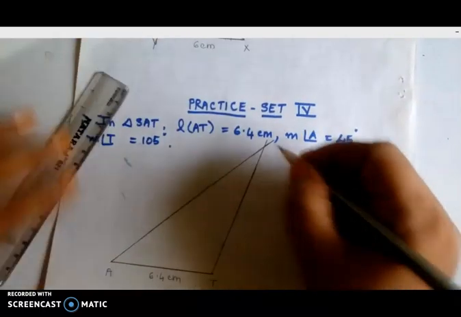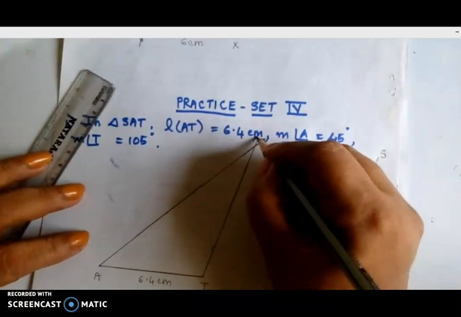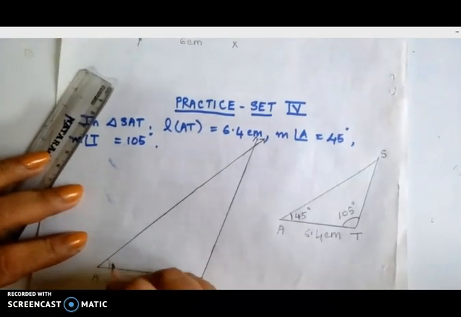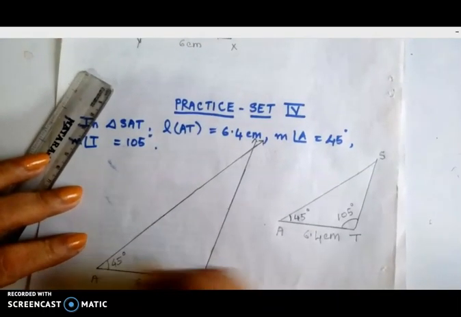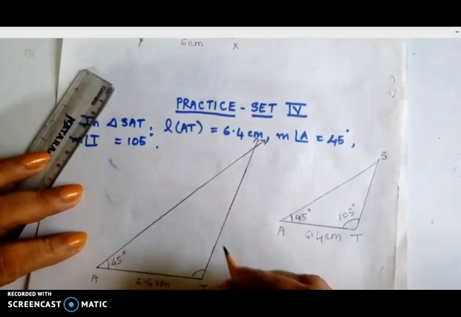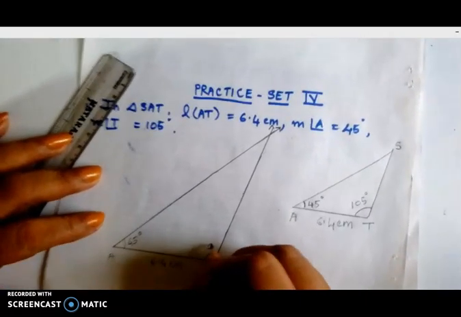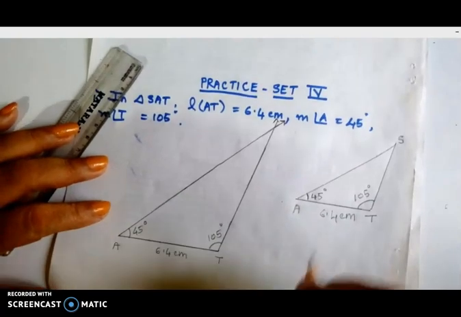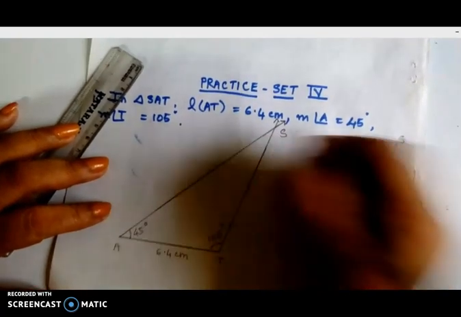We'll extend this ray a bit. So this angle measures 45 degree and this angle measures 105 degree. This is S.